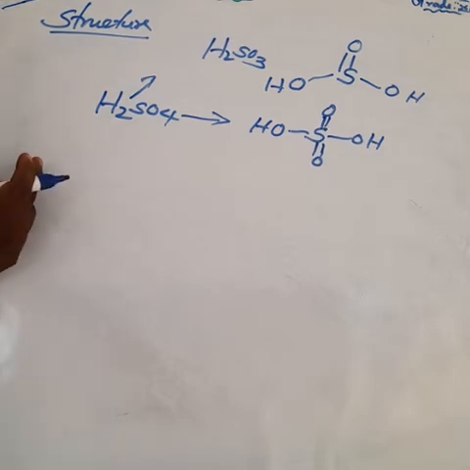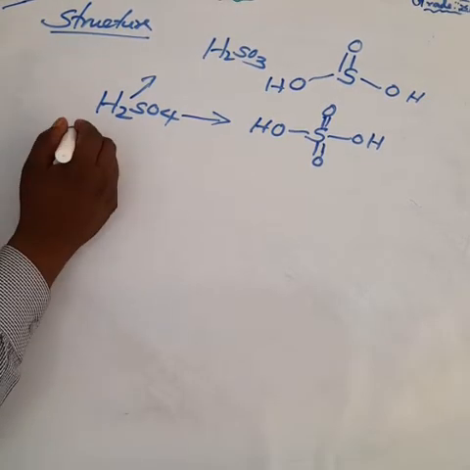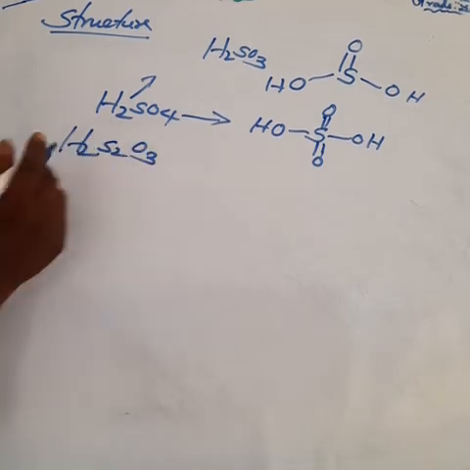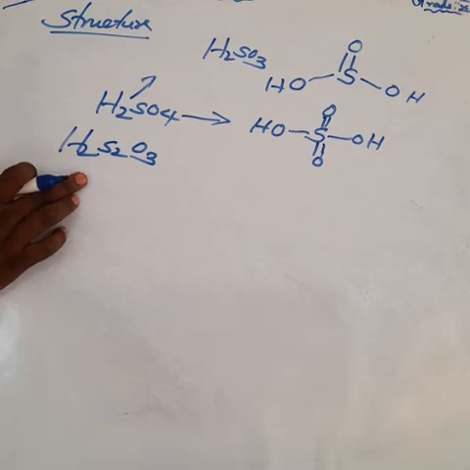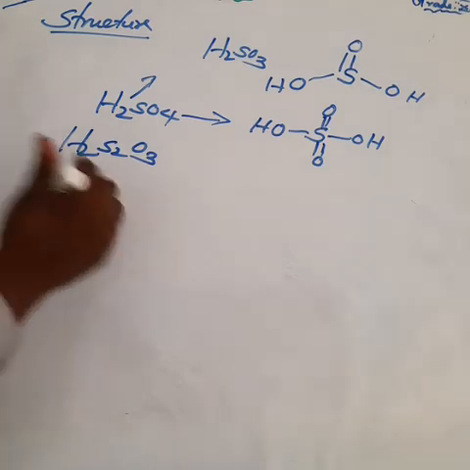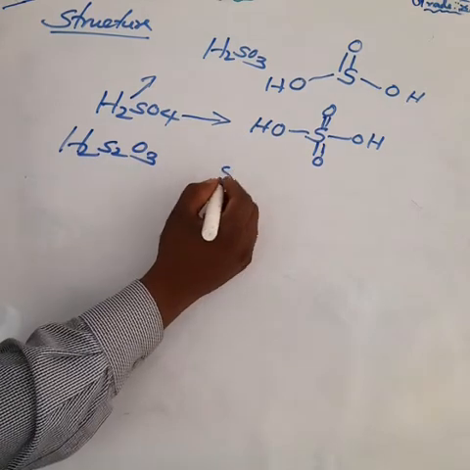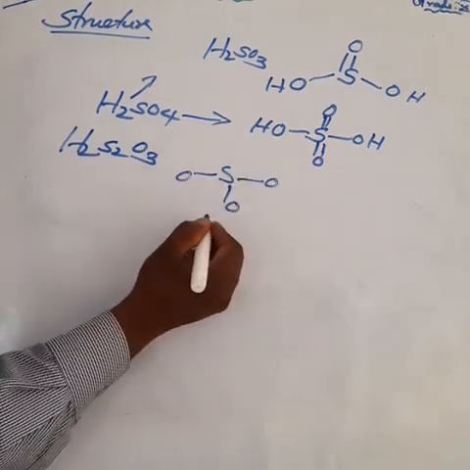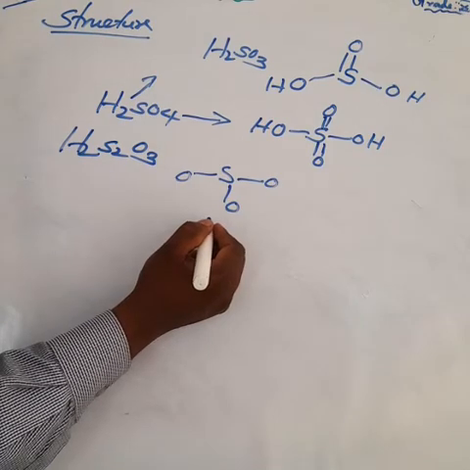Thiosulfuric acid. What's the formula here? H2S2O3. So two sulfur and three oxygen. First the sulfur has to be surrounded by three oxygen atoms: left side one oxygen atom, below one oxygen atom, right side one oxygen atom, so three oxygen atoms are over.